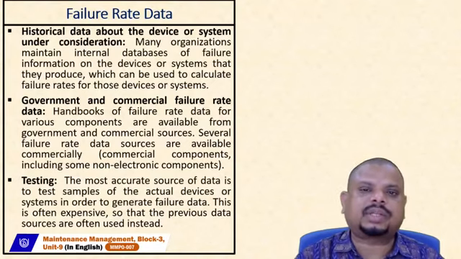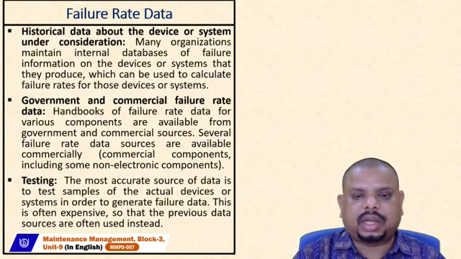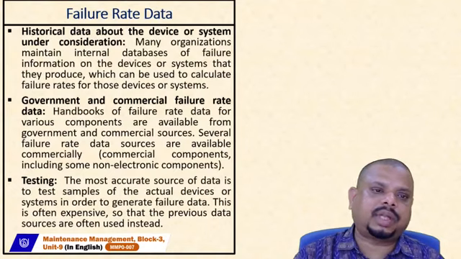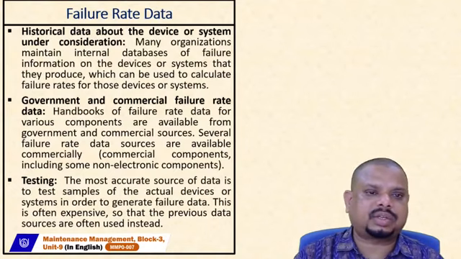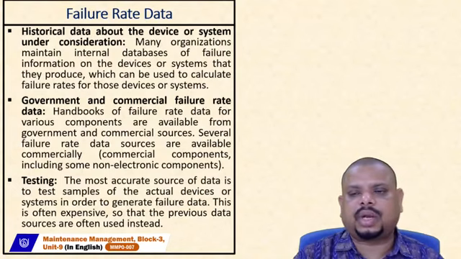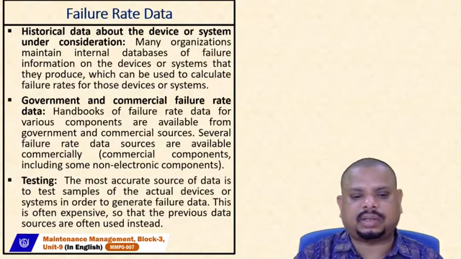The next one is known as testing. The most accurate source of data is to test samples of the actual devices or the system in order to generate the failure data. Accurate data should be used to analyze the failure rate, which provides accuracy in the calculation or estimation of failure rates. So whenever you go for testing, the accurate source of data is testing samples of the actual devices or the system in order to generate the failure data.